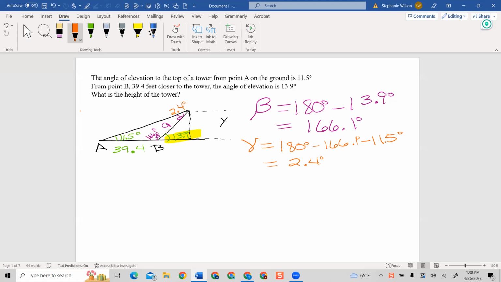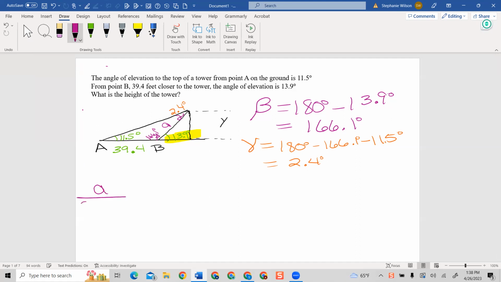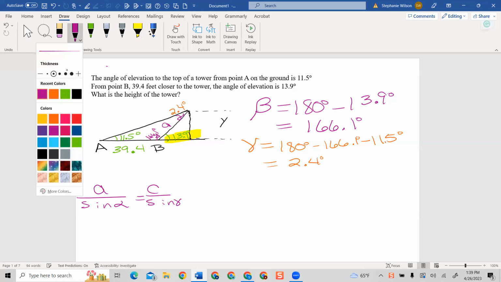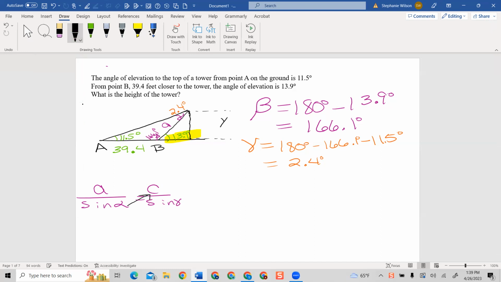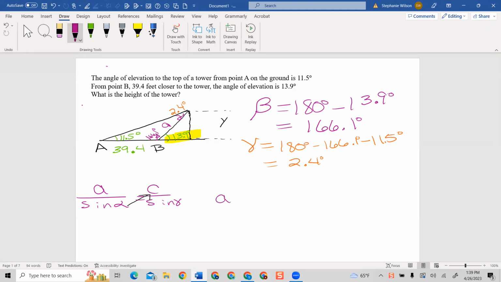Now that I've done that, let's solve for side A. I'm going to use the sine law, solving for A, and we know what the sine of alpha is. So we cross multiply to undo that fraction. A is equal to C times sine of alpha divided by sine of gamma.